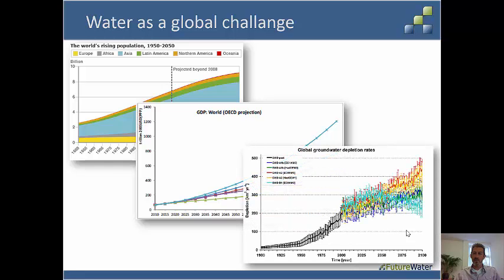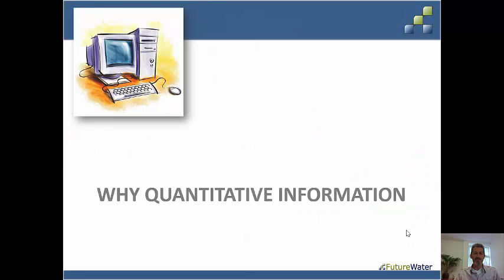And finally, of course, there is a lot of debate on climate change, and there's in fact no doubt that climate change is going to happen. We don't know exactly to what extent, but for sure climate change will induce more extremes. So the flooding from 2010 in Pakistan and drought periods, they will be more frequent in the future. So for sure we should be prepared for the future.